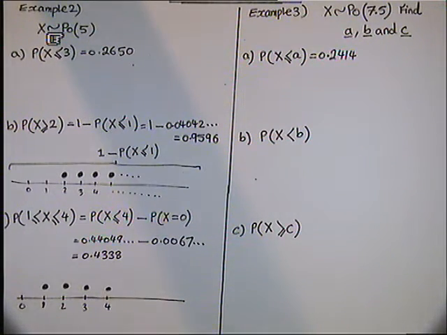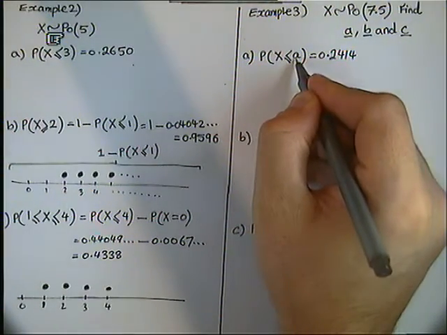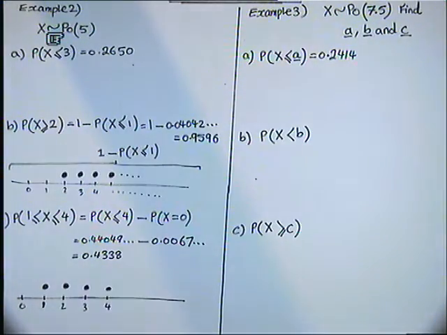In this case the probability is given and we are required to work out the value of A. So we can do exactly the same thing as previous questions. It's just the opposite of that. So we've got lambda equal to 7.5.